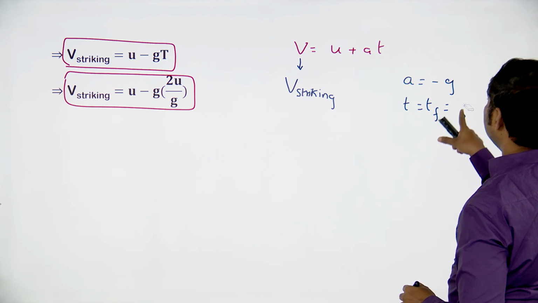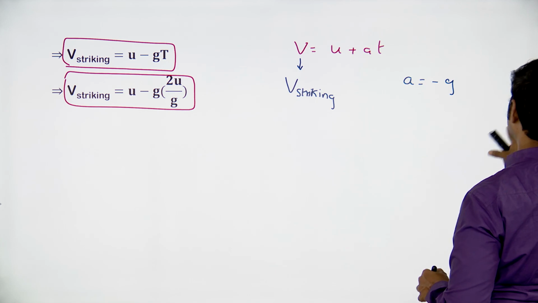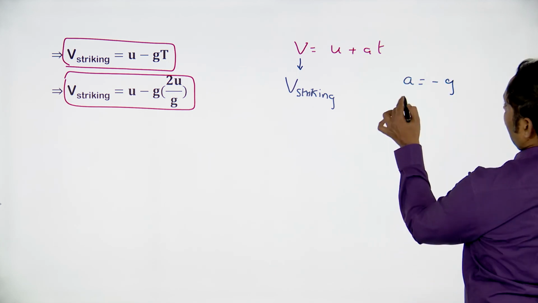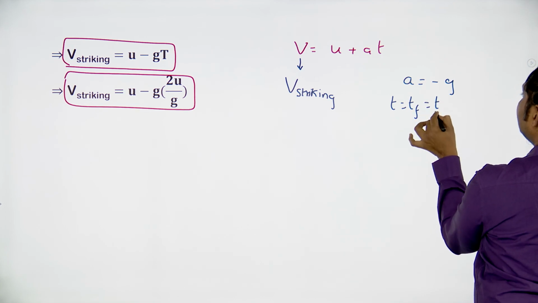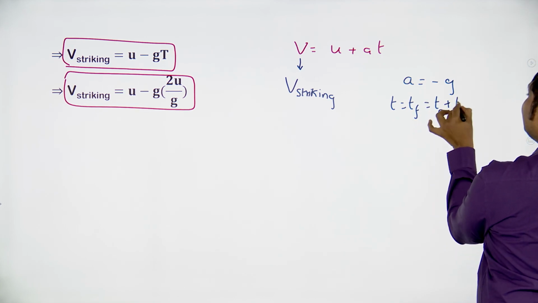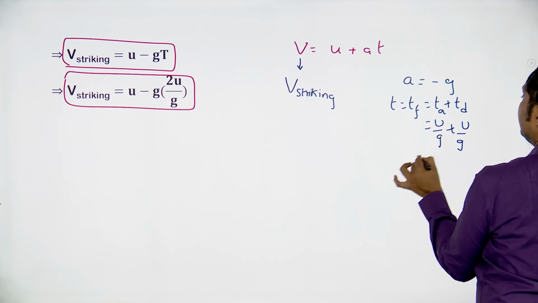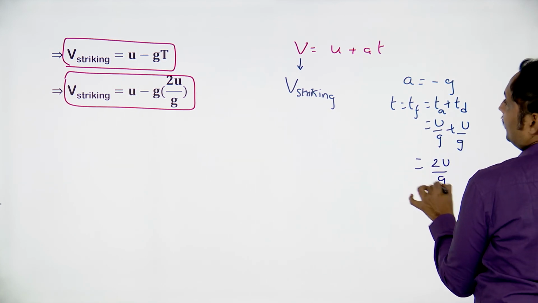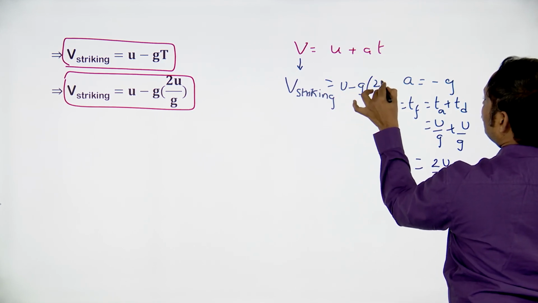You can take t is equal to TF, that is TA plus TD, u by g plus u by g, that is 2u by g. So that is u minus g into 2u by g.